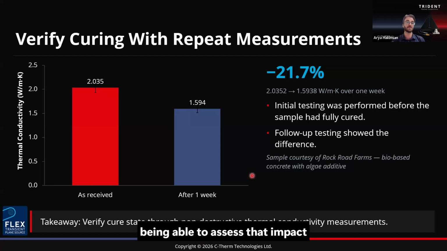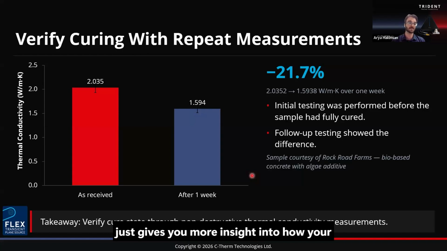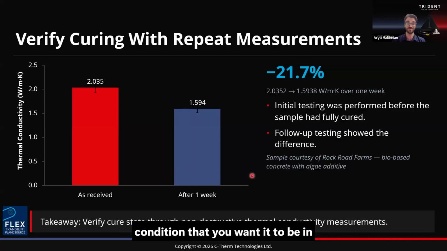So being able to assess that impact from these types of measurements just gives you more insight into how your material is performing. And of course, making sure that it's in the state or the condition that you want it to be in before you go and do your official measurements.